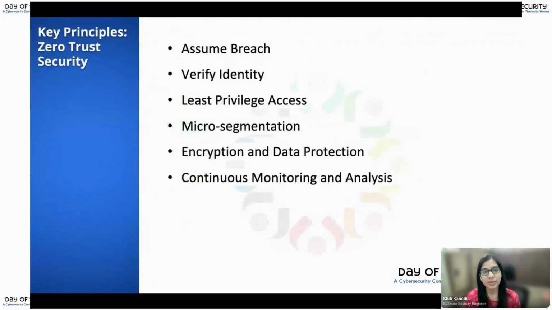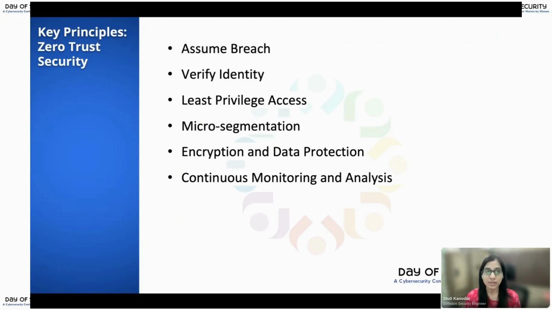There are many principles that create zero trust security, but these are the few that I'm presenting here that play a very important role in implementing it. Number one is assume breach. In zero trust, we always assume a breach could happen within or outside of the trusted boundary.